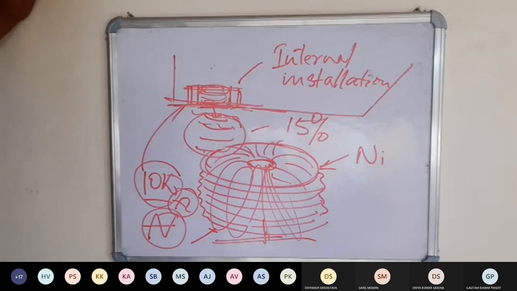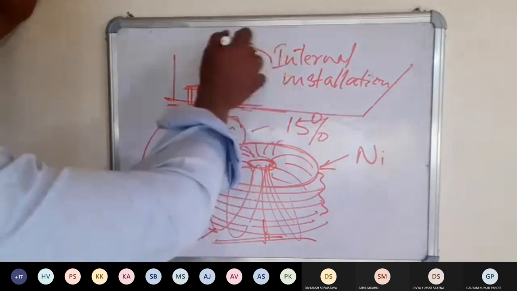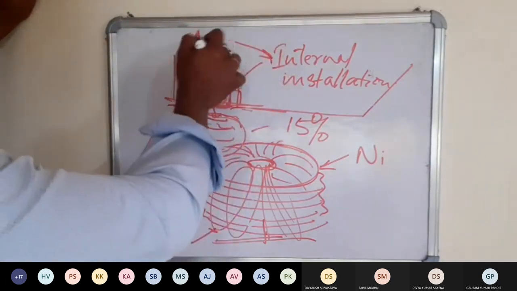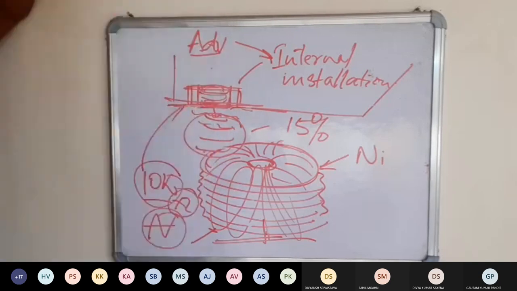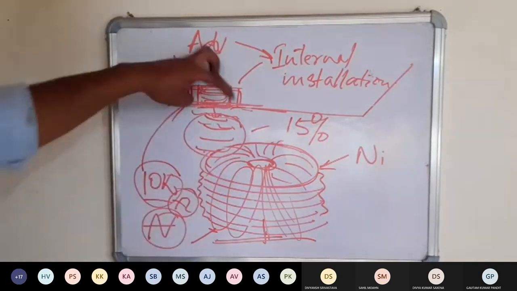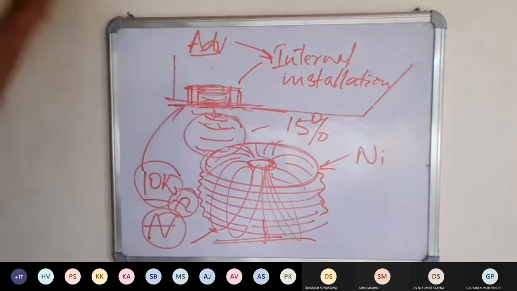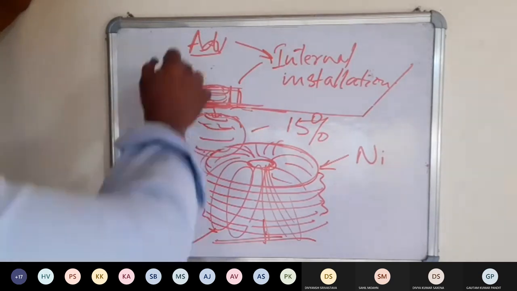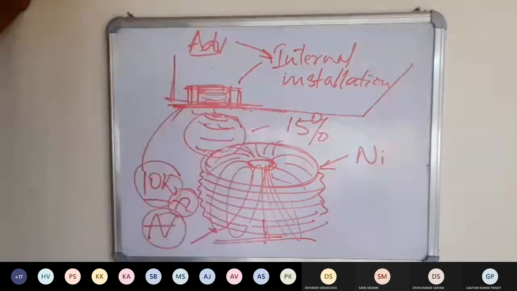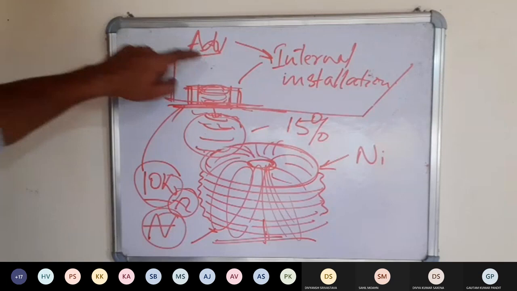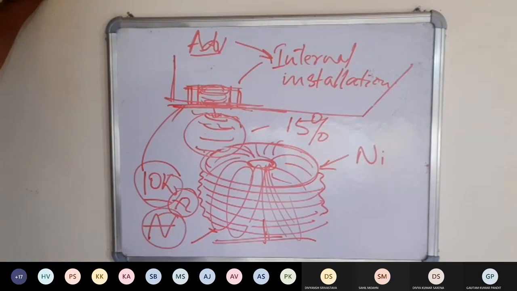There are losses. So this one is an advantage because it is internal installation. कभी भी निकाल सकते हैं, लगा सकते हैं, रिपेयर कर सकते हैं. हल की कंटिन्यूटी जो है वो ब्रीच नहीं हुई है, so that is an advantage. But that it is less power efficient.